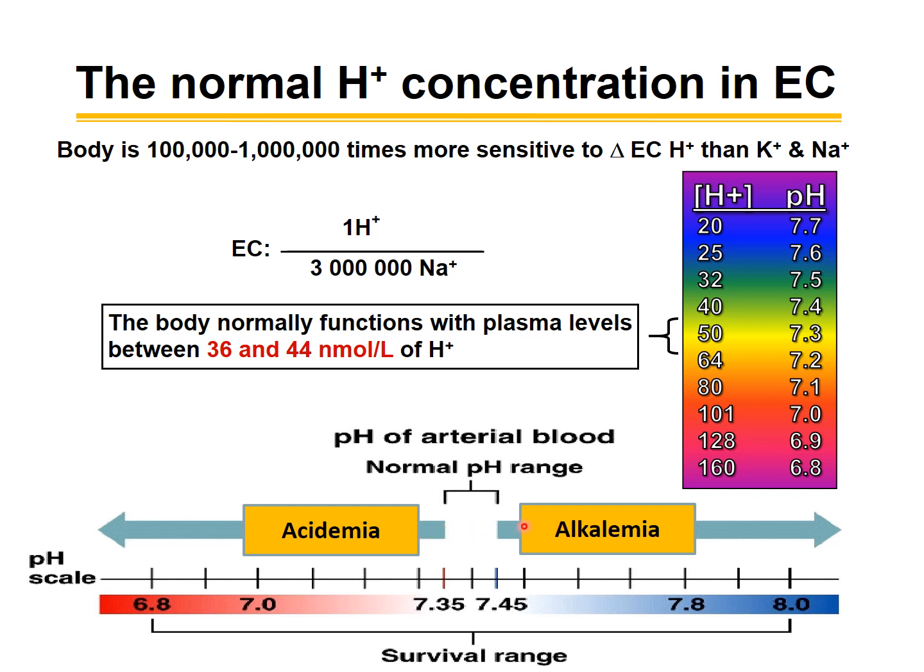Alkalemia means the hydrogen ion concentration is less than 36 nanomole per liter, a lower concentration, and this is why we say alkalemia. If the patient is out of the range, for example, less than 6.8 or more than 8, the patient is going to die. So this is why it's important to control the hydrogen ion concentration.